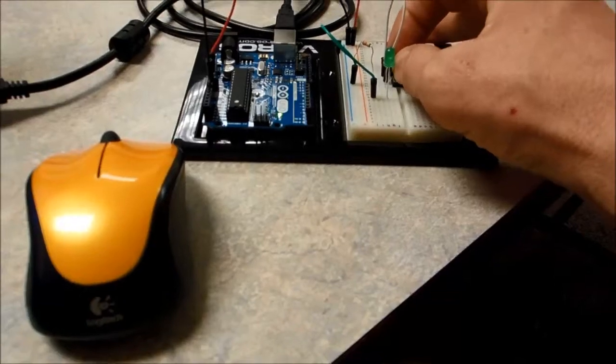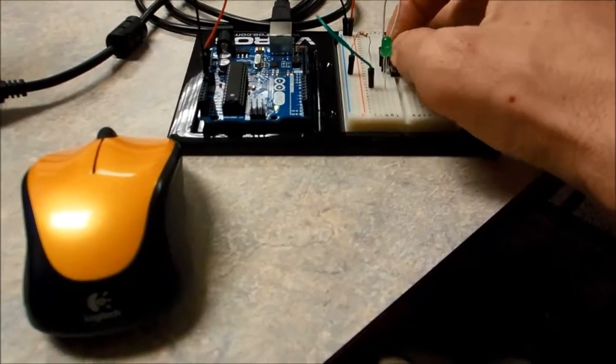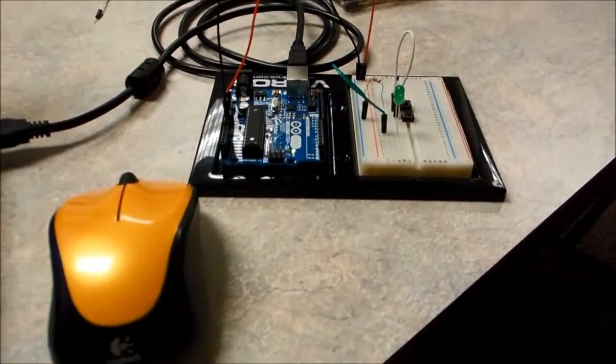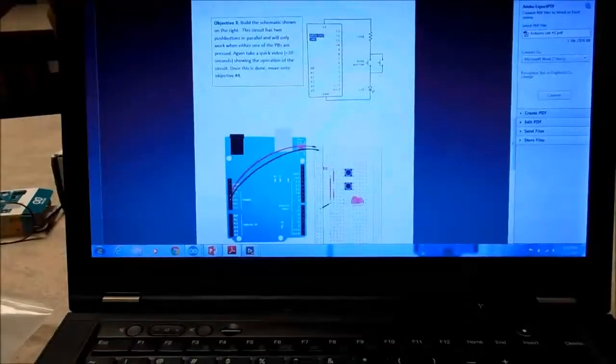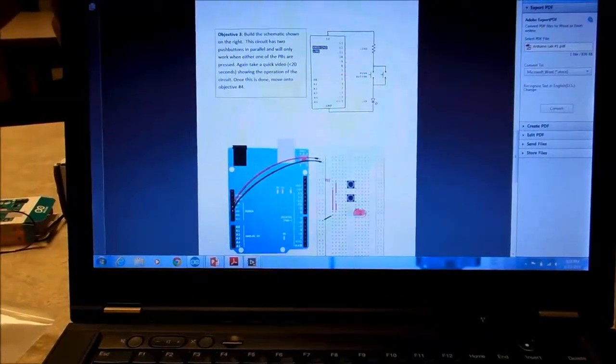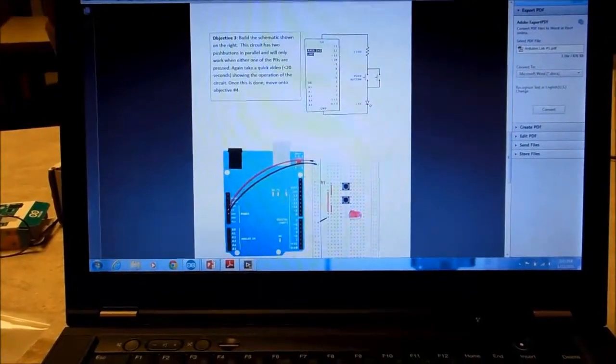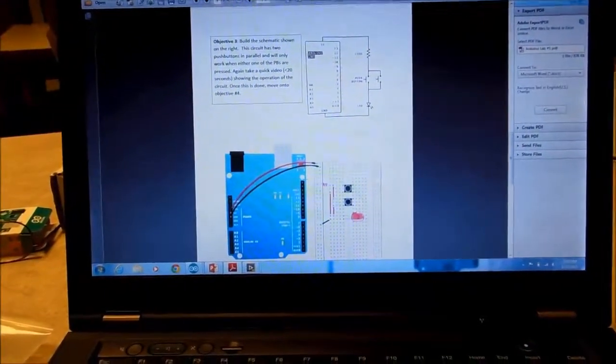Let off one, it goes out, again, goes out, and that is the second experiment.